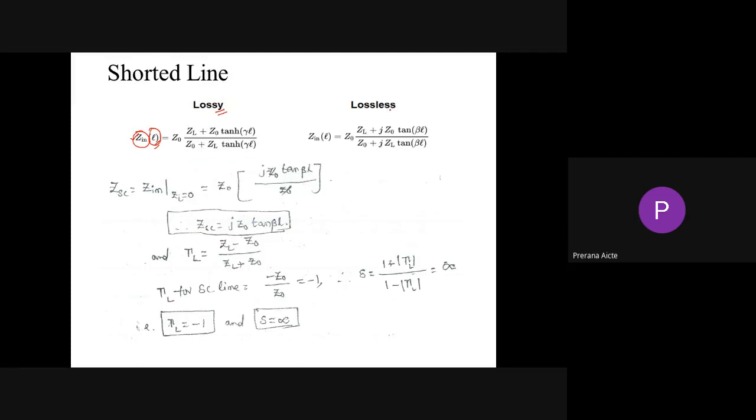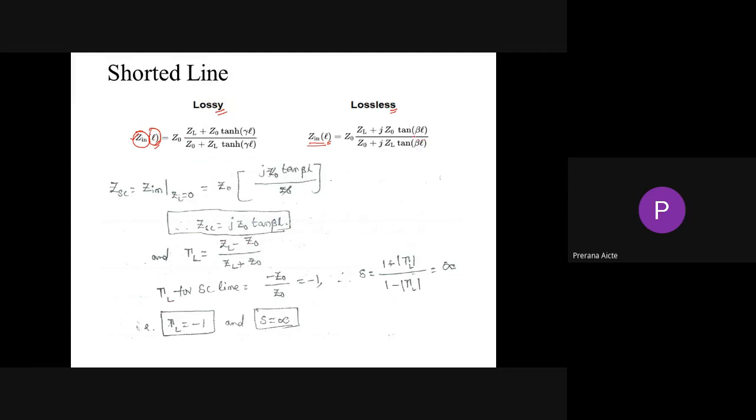For a lossless transmission line, the input impedance Z in of L for a line of length L is Z naught into Z of L plus j Z naught tan beta L, divided by Z naught plus j Z of L tan beta L. Beta is the phase constant, and L is the length of the transmission line.